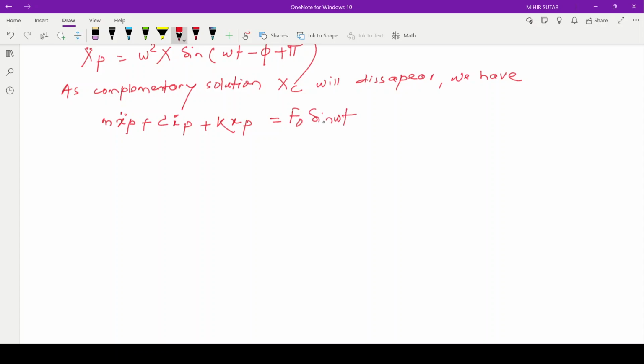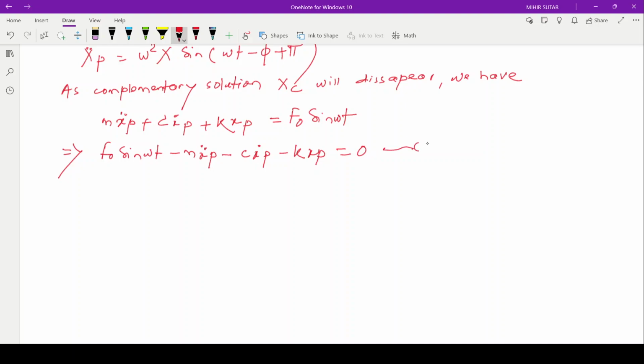So we can write this as F0 sin omega t minus m x double dot p minus c x dot p minus k x p is equal to 0.